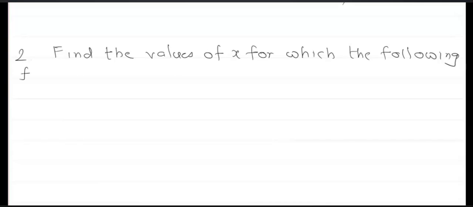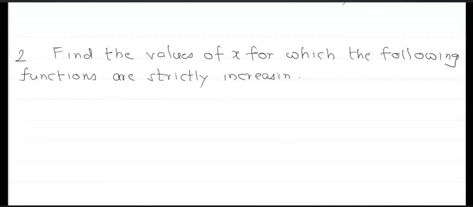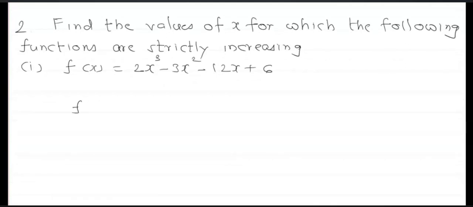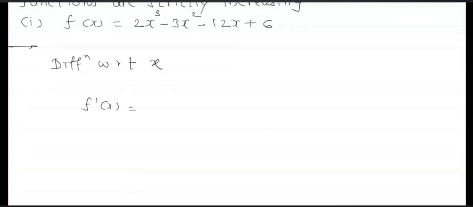Find the values of x for which the following functions are strictly increasing. f of x is equal to 2x cube minus 3x square minus 12x plus 6.